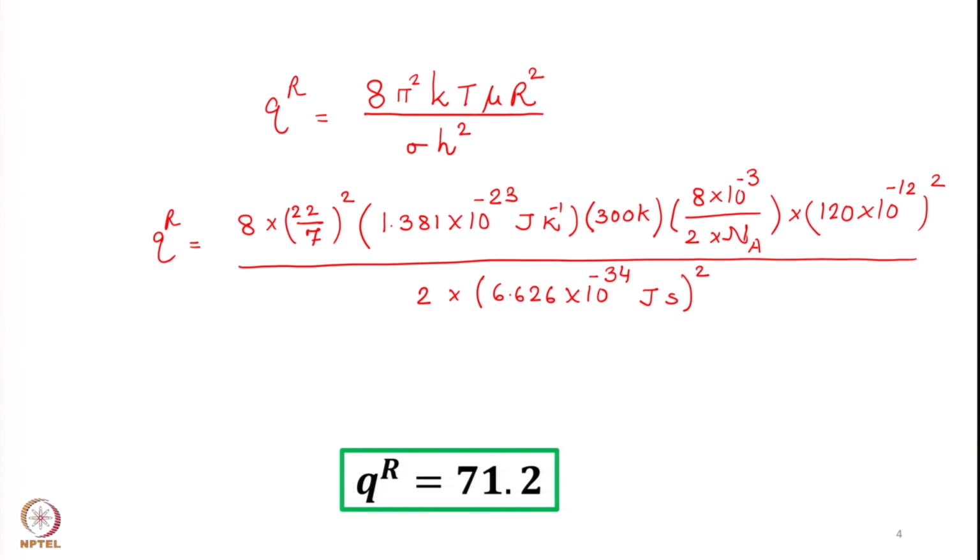So therefore, now your QR, when you calculate this, turns out to be 71.2.